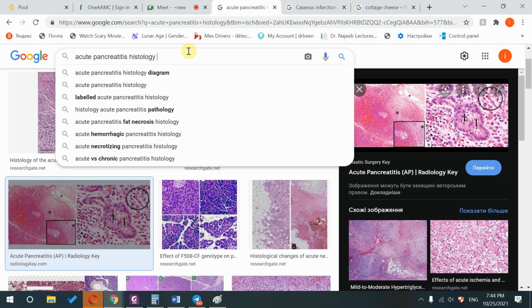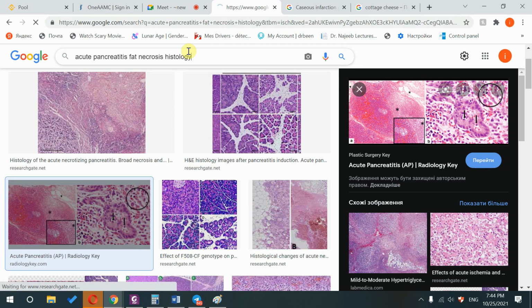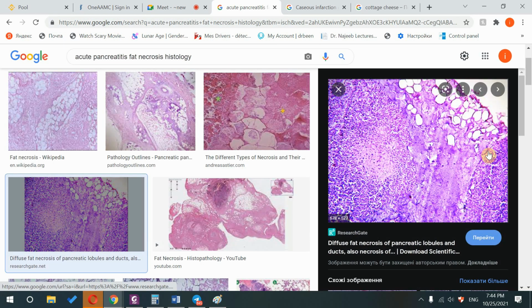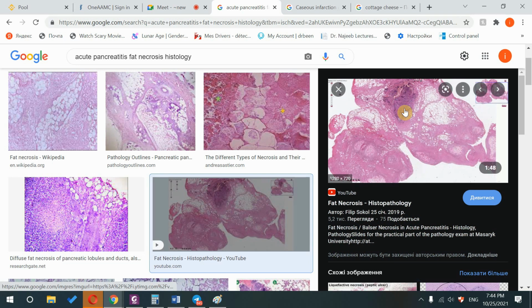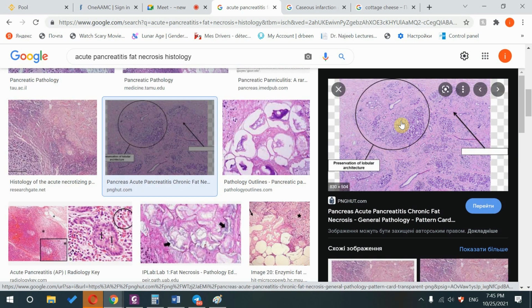So, acute calcification, we want to see the fat necrosis histology. Can you see the bluish thing in this area? That's fat necrosis, and it has calcification on it. The same here. There is preservation of the structure, but you can see it becomes bluish.